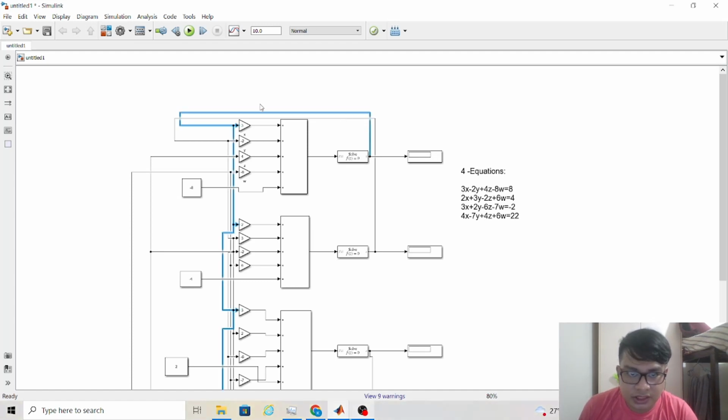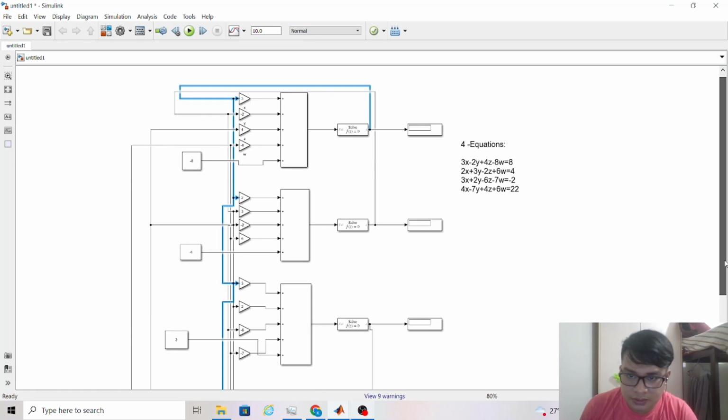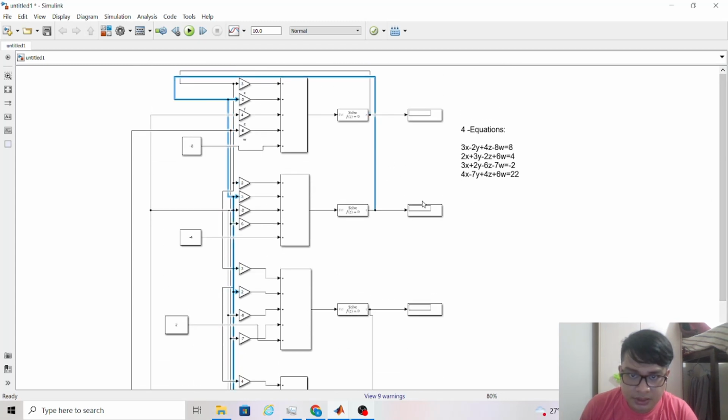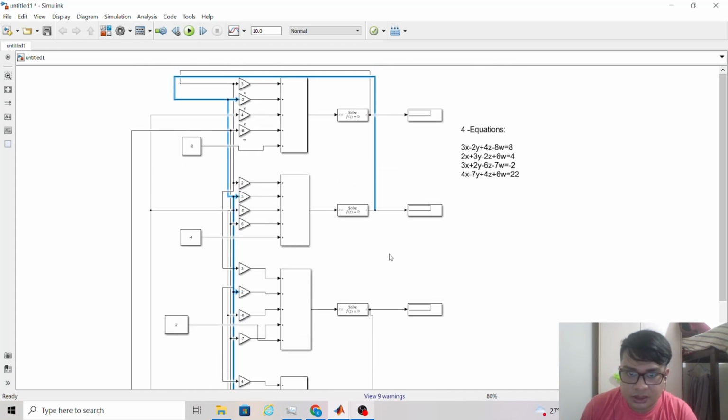So these are for the x: 3, 2, 3, and 4. Now for the y, it's going to be negative 2, 3, 2, and negative 7.